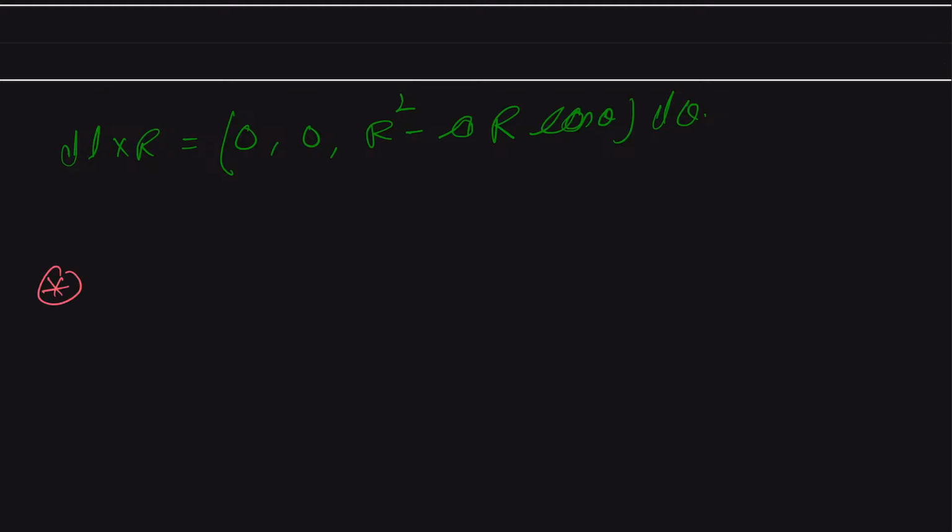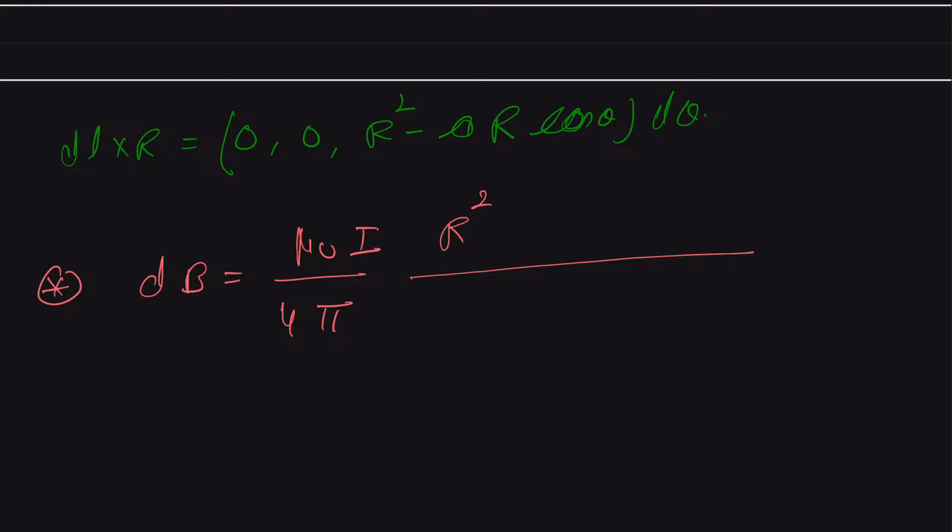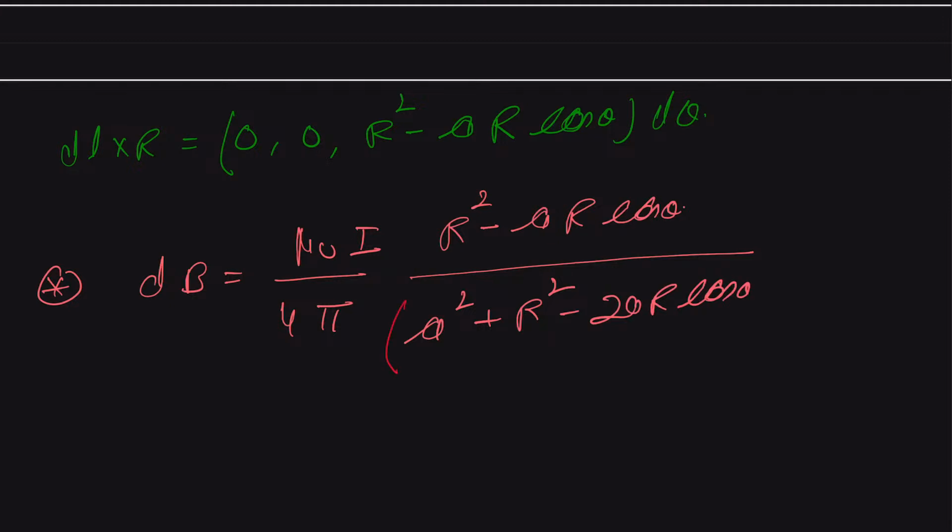We are going to get the magnetic field because of the current element. We have to find that for a complete ring. So the magnetic field is equal to mu naught I upon 4 pi times (R square minus AR cos theta) over (A square plus R square minus 2AR cos theta) whole raised to power 3 by 2.